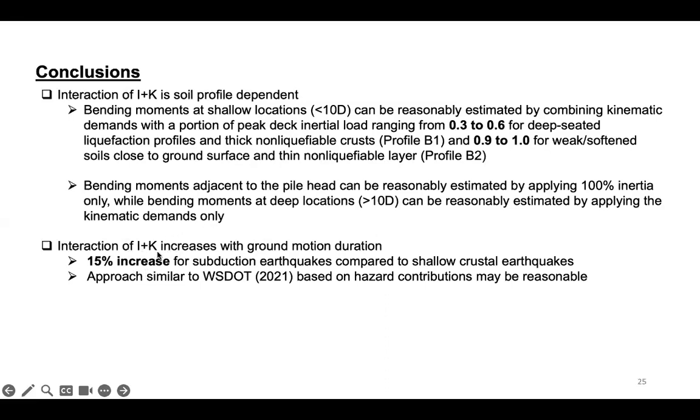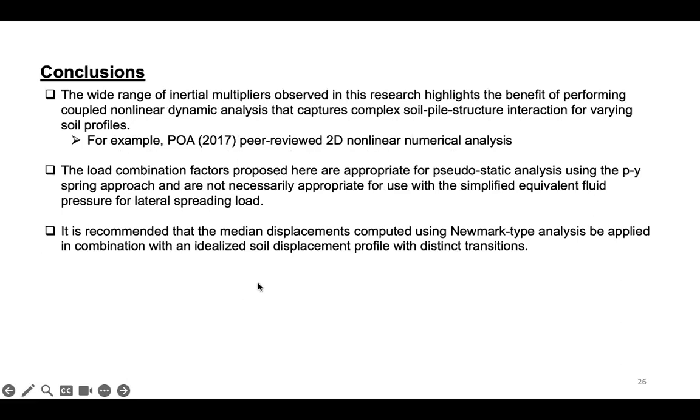The load combination factors are about a 15% increase when you're dealing with subduction earthquakes compared to shallow crustal faults, which is similar to the approach that Washington DOT adopts. There's quite a bit of range in the inertial multipliers. So if that uncertainty has a significant effect on your project, using an approach like what the Port of Anchorage suggests seems reasonable, using a peer-reviewed 2D nonlinear dynamic analysis.